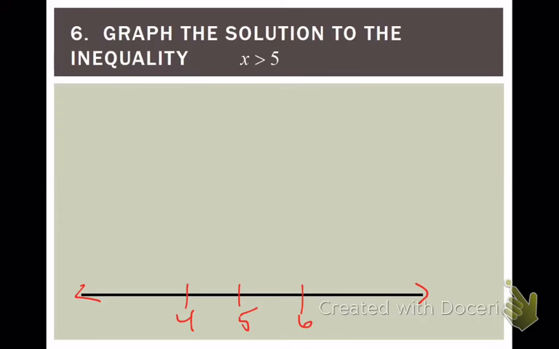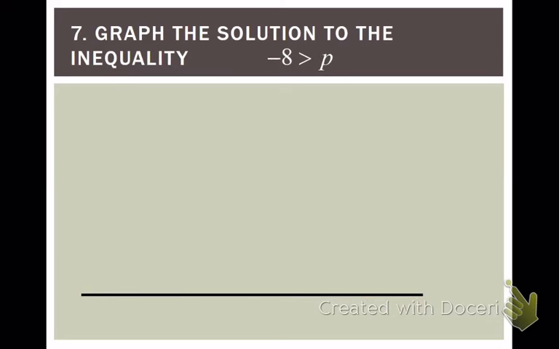Now, what are the solutions when x is greater than 5? Well, I want everything bigger than 5. So we're going this way. Now, 5 is not a solution. 5 is not greater than 5. So we're going to put an open circle on 5. We're not going to color it in. If it were a solution, we'd color in that circle. And we're done.